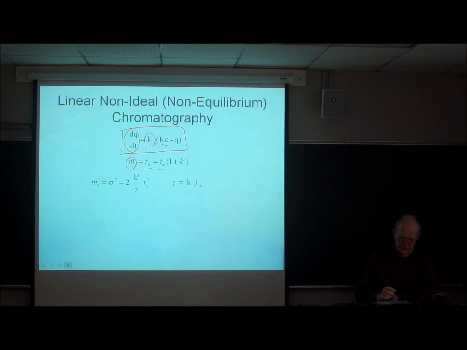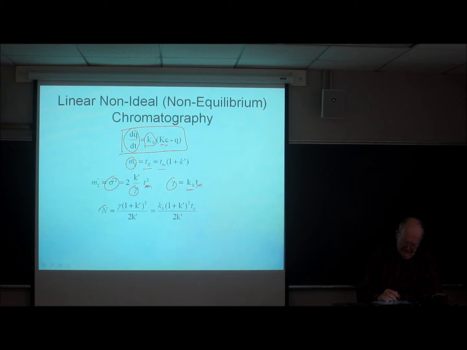The second central moment is what we call sigma squared of the column. That will work out to be 2K prime over gamma times, oops, that should be Tm squared, where gamma is this back rate constant, and Tm is the dead time of the column. So gamma is a dimensionless rate constant.